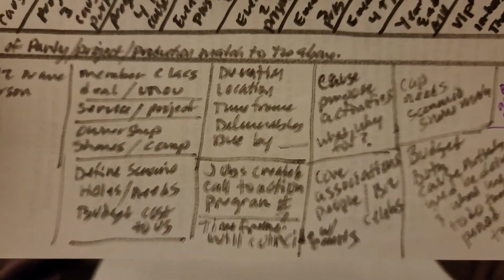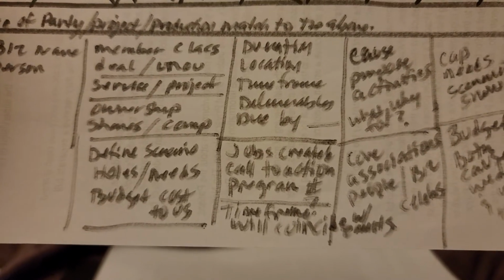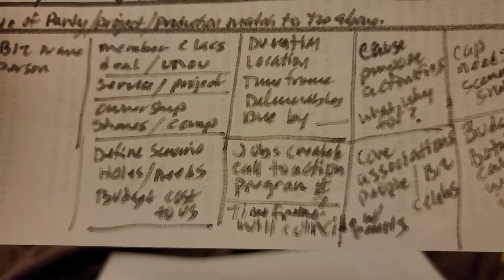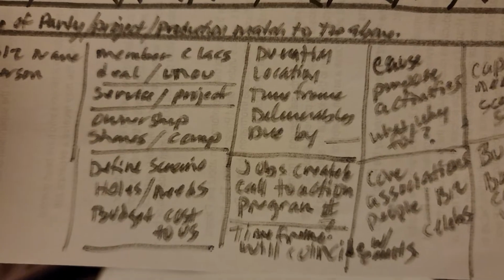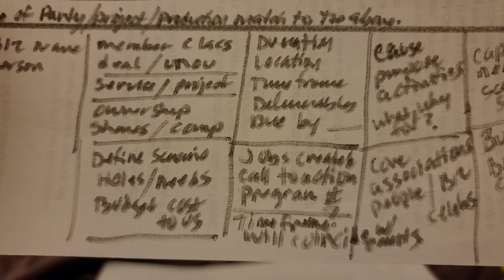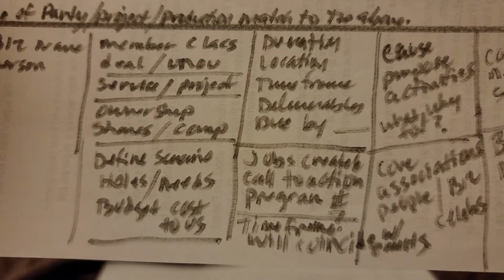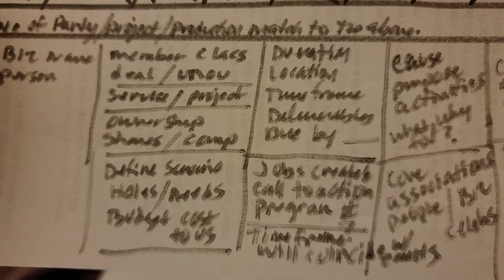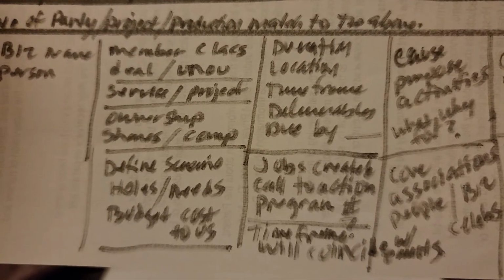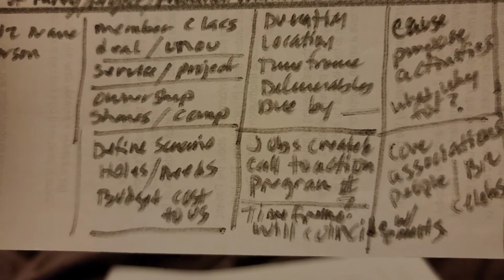The second page or the second paragraph that we put into our one sheet for them is the duration, location, time frame, and deliverables, anything that's due from their end. So if they need us to be in Seattle somewhere or Vegas, that's all going to get budgeted out, and then the timeline for that.